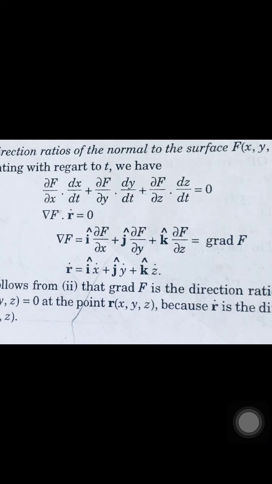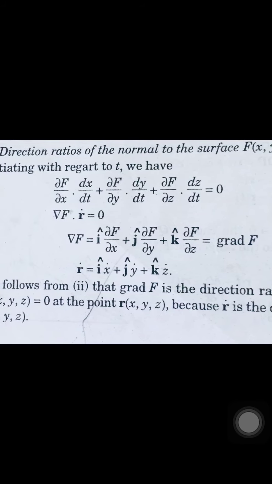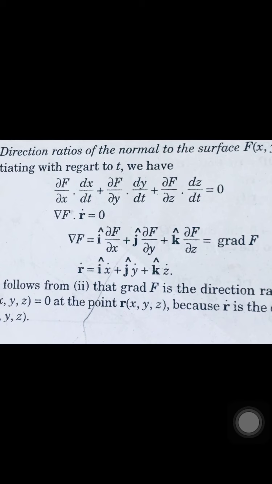Okay, this equation is very important. How are we getting it, or how are we writing it? Here we take an inverse process. This can be written as grad f dot r dot equals 0. How can we write it? You can understand by this. What is gradient f?